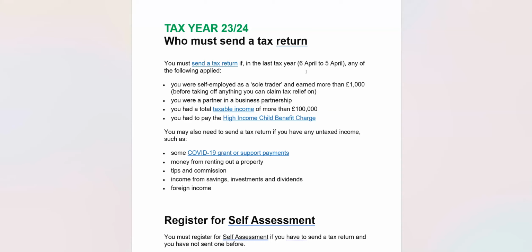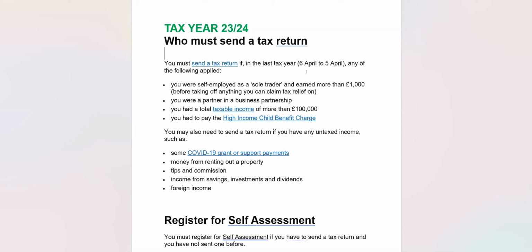So every year, every person who is self-employed or needs to submit the self-assessment tax return has to make the calculation between this period. So they will open their cash book or their bank statement and check how much was the income and expense between 6 April 2023 to 5th April 2024.